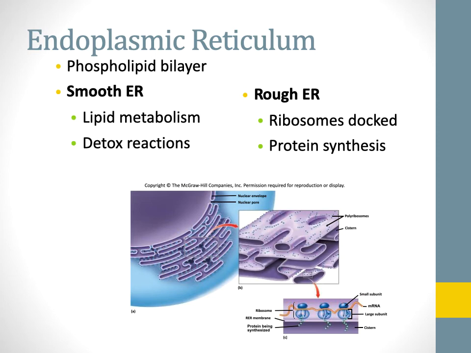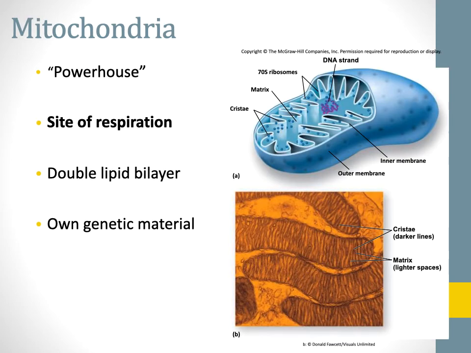The more commonly known ER is the rough ER, which has ribosomes docked, where we have protein synthesis occurring, so that the proteins, as they're synthesized, go directly into the ER, where they can be folded, where they can have post-translational modifications happening, and then secretion out to other areas in the cell.